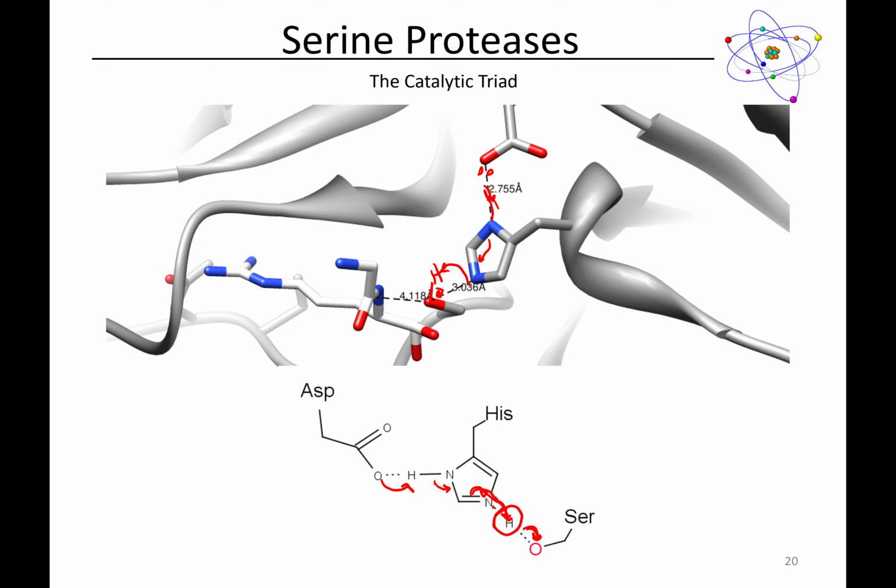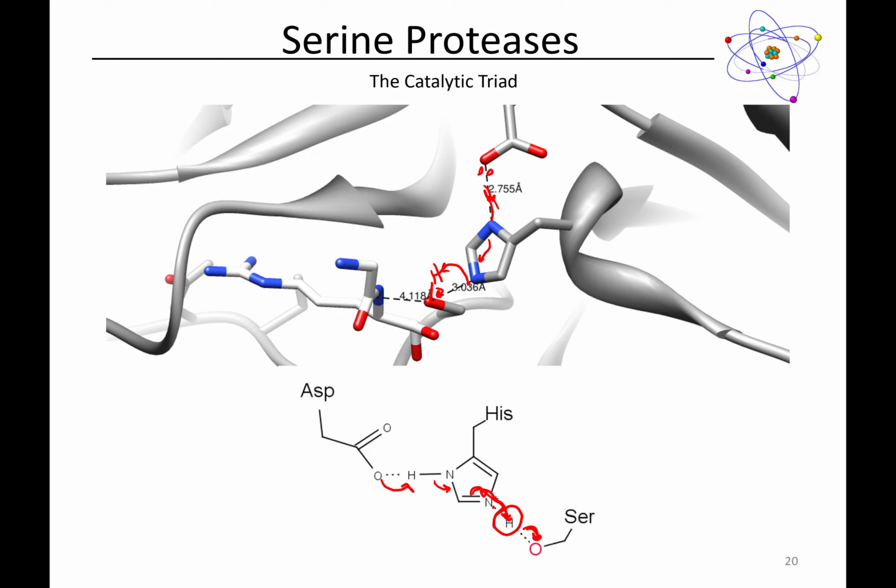So the triad here, this is where the aspartic acid and the histidine are. Okay, the idea is that this triad is linked with that hydrogen. Here's our peptide bond that gets broken.